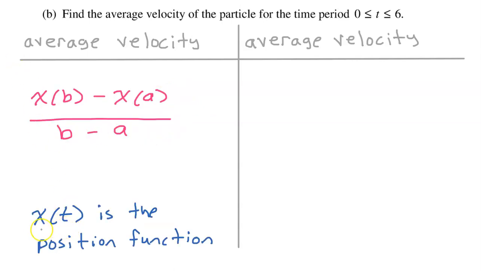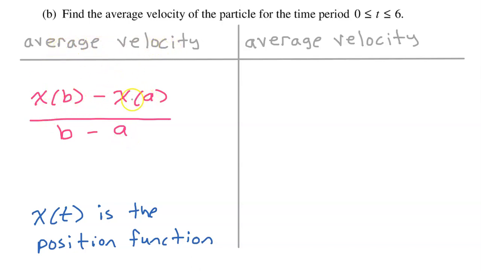We were told in the setup that x of t is the position function for this problem. So the change in position will be x at b minus x at a, divided by the change in time, which would just be b minus a. So this is one way to calculate average velocity.